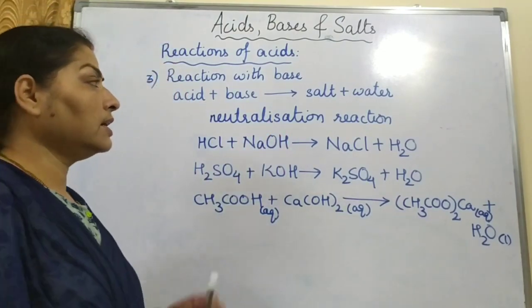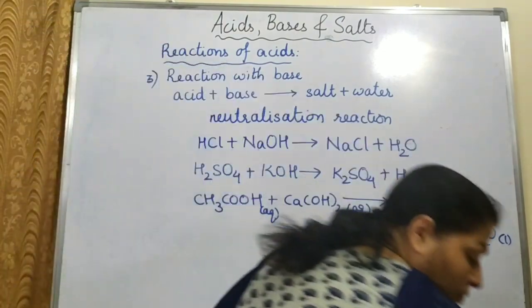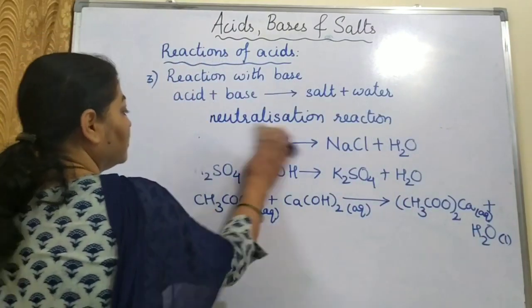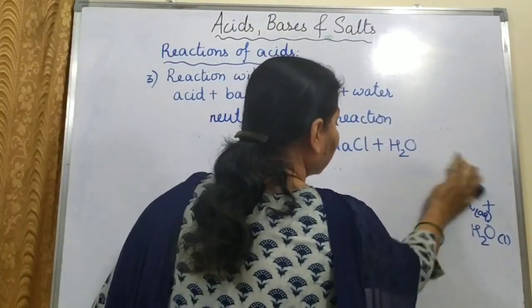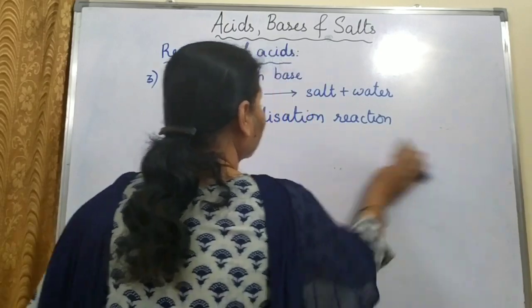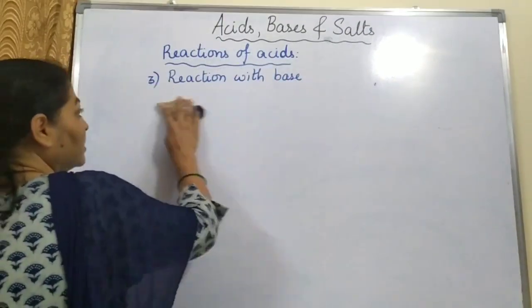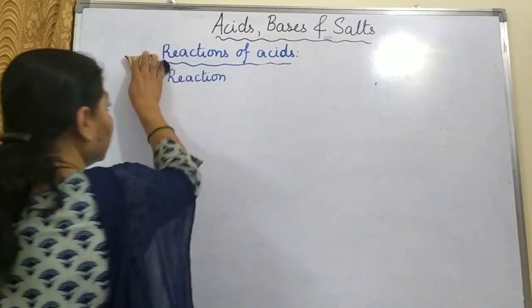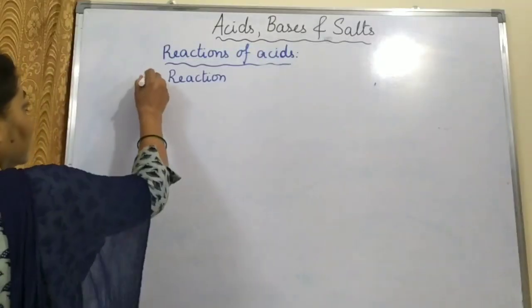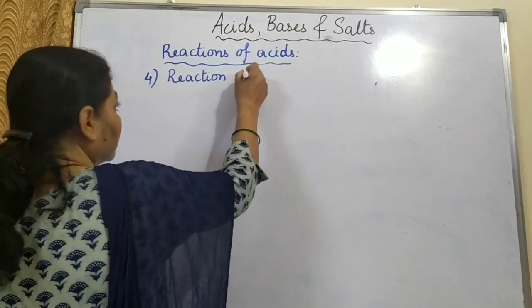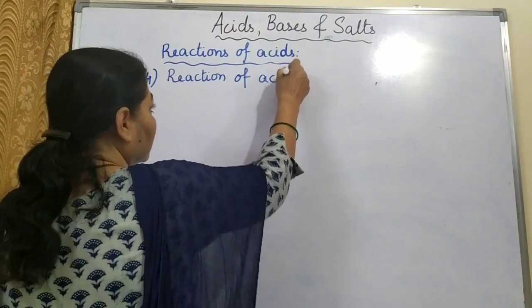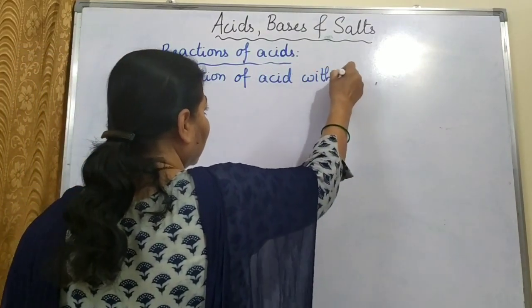Now let us see the next reaction. The next reaction of acid is with metal oxides.